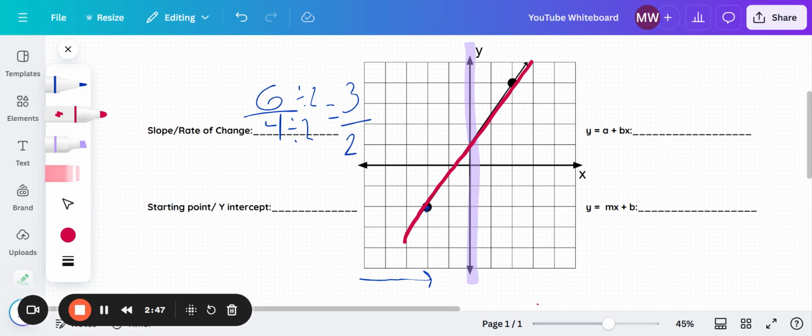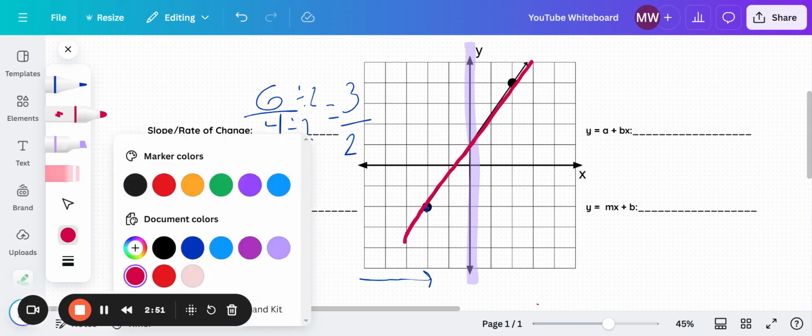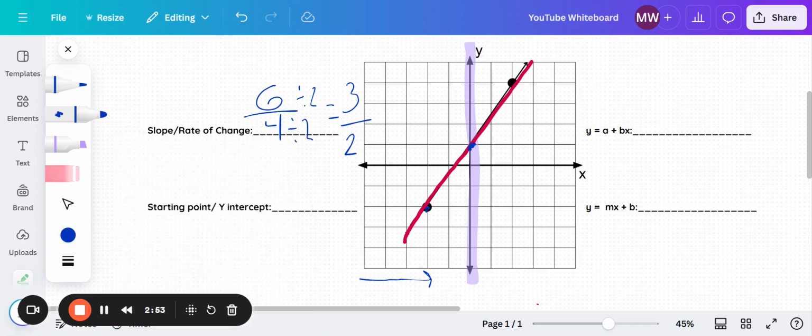Where do they intersect? So if I look at this, I can see that they're going to intersect right here. So to figure out my starting point or my y-intercept, I'm always going to have 0 as my first number, because when x is 0, what is y? That's our y-intercept. So x is always going to be 0.